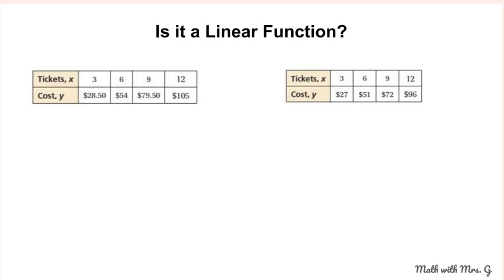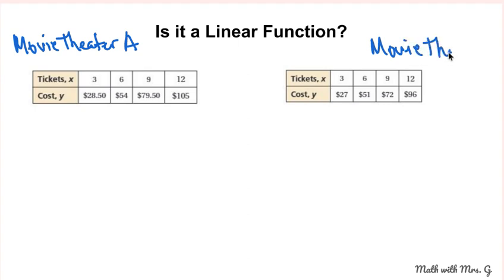So let's move on and talk about how we would answer the question, is it a linear function, based on tables. The first one was graphs, this one is tables. This table right here is the same table we were just working with, and I'm going to label this movie theater A, and this is movie theater B. So we are comparing prices.